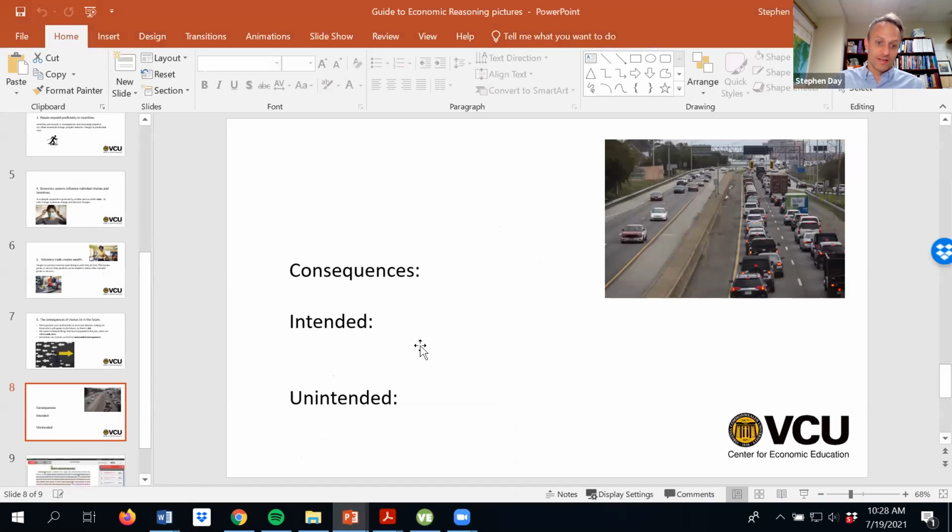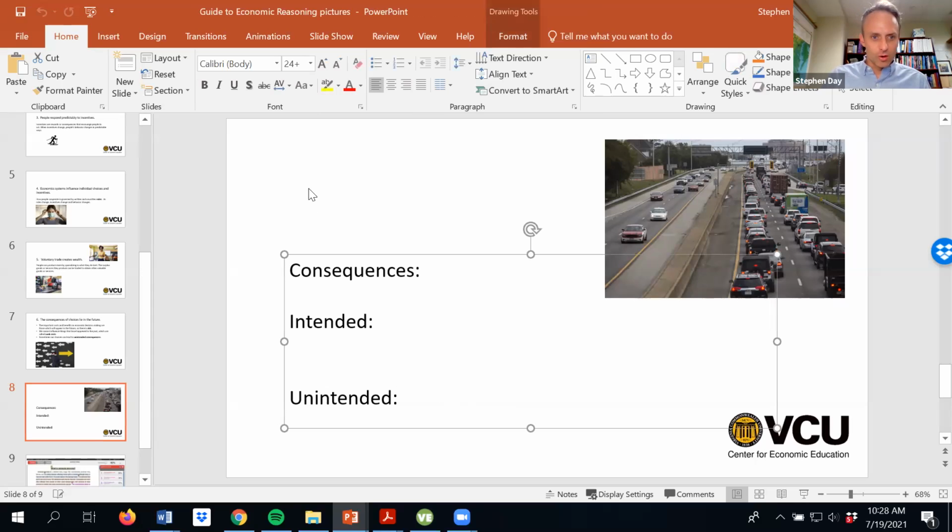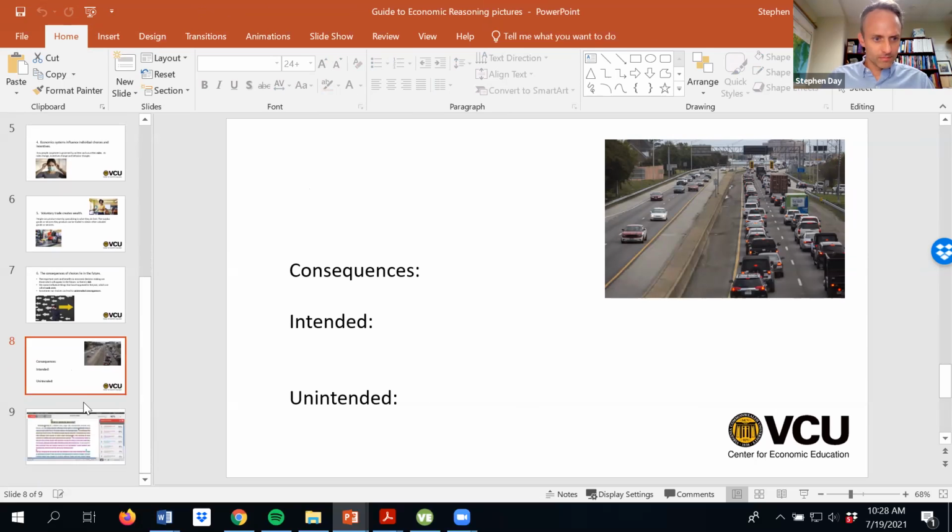Before we get to intended and unintended consequences, let's go to the costs and benefits, because consequences, intended and unintended, are costs and benefits in the future. We're not going to do that just yet, but we're about to get there. Actually, I'm going to make a new slide right here.